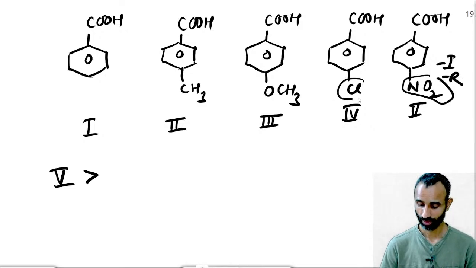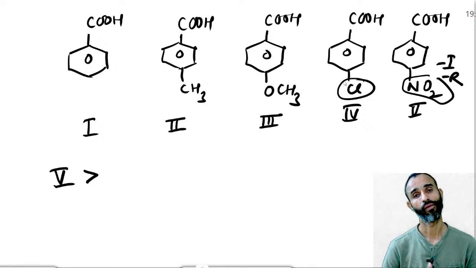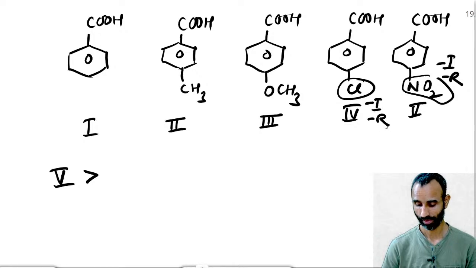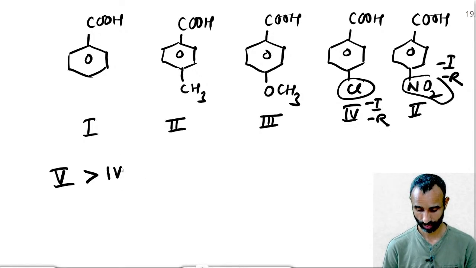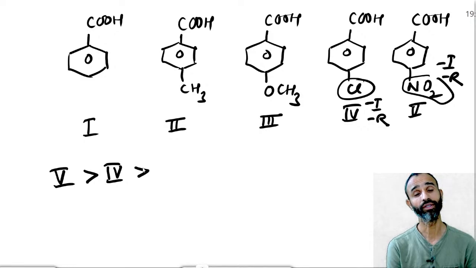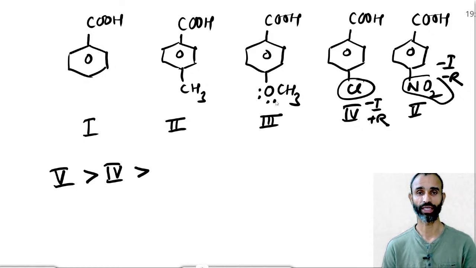What about chlorine? It comes second: minus I and plus R, and minus I is dominating while deciding reactivity.